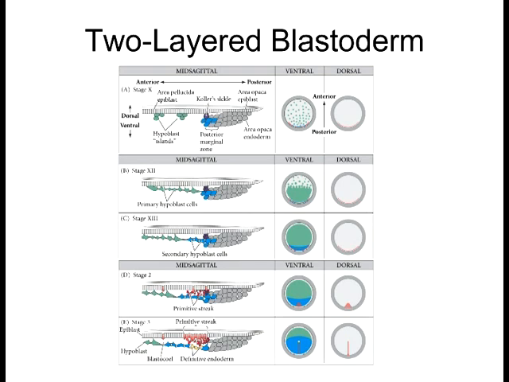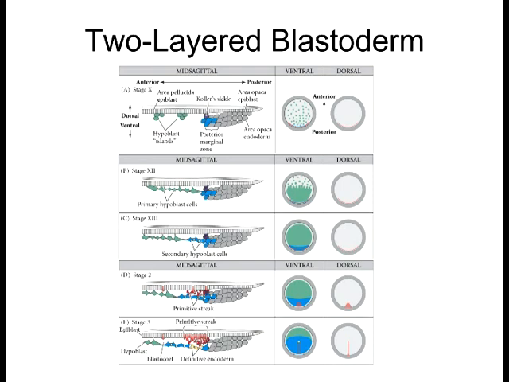Now, one of the methods of how the hypoblast forms here is it doesn't form necessarily from cells extending out from these cells right here, but rather from the epiblast cells will ingress. Actually, we typically call it delamination. If you remember that gastrulation movement, delamination is where one sheet will actually form into two sheets.